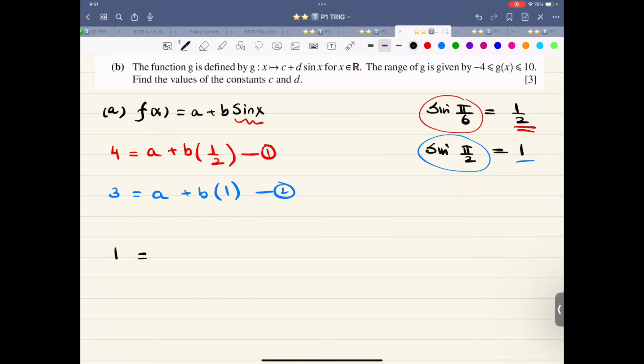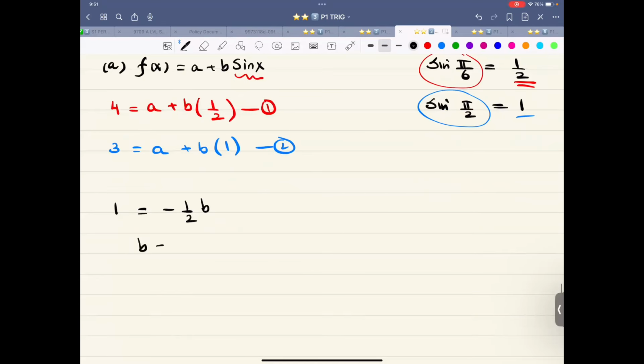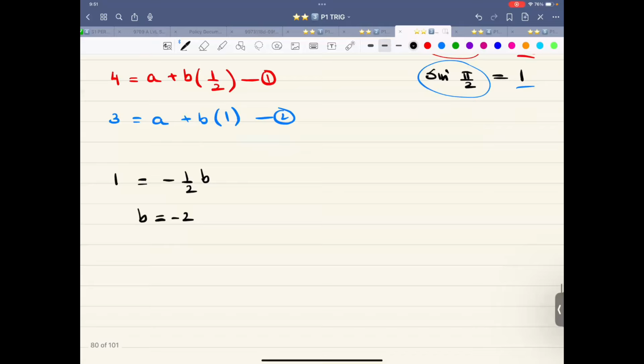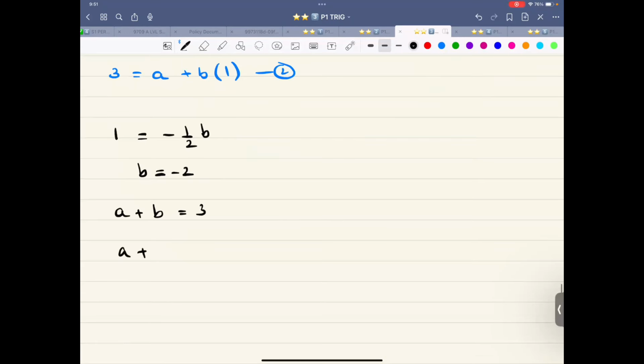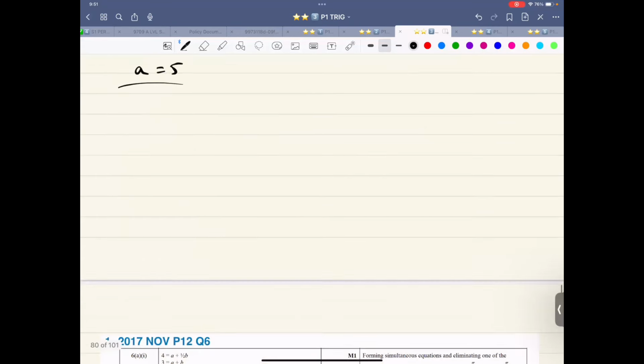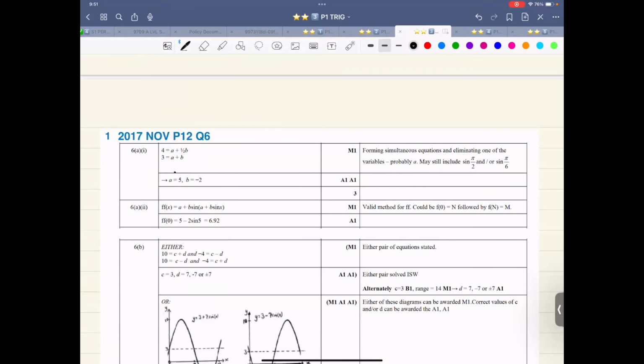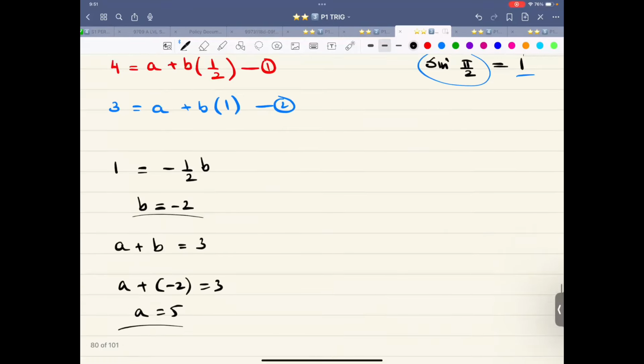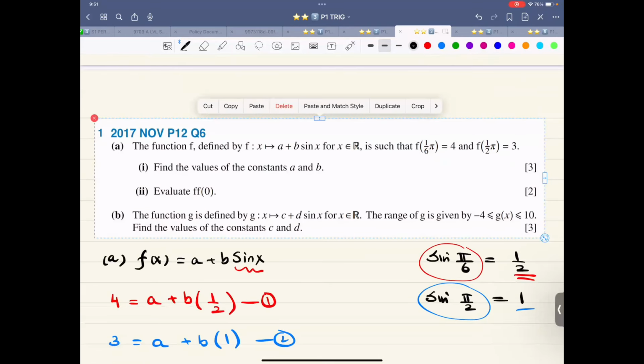A cancels. Half b minus b, that is negative half b. So therefore, b comes out to be negative 2. A plus b is 3. A plus negative 2 is 3. Therefore, a comes out to be 5. A is 5, b is negative 2. It's your choice how you want to solve it.